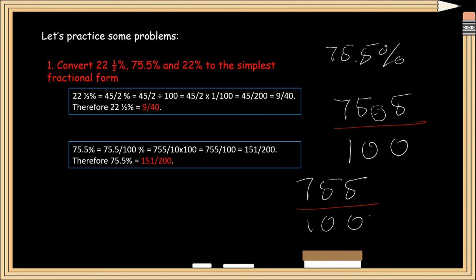So it's 755 by 1000. Now we can simplify it, and we will get 151 by 200. So this is what you will get.